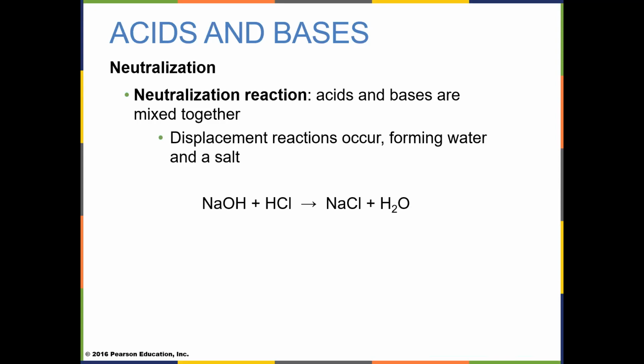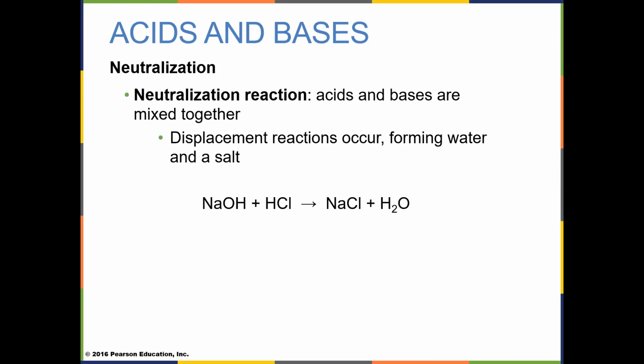A lot of times we use acids and bases to neutralize each other. So if we get too acidic, we can neutralize that acid. If we produce too much carbonic acid, we can neutralize it with a bicarbonate solution.